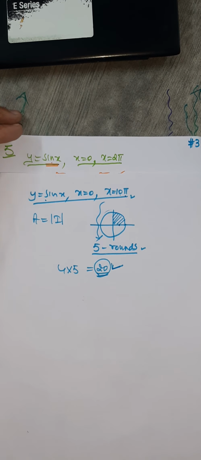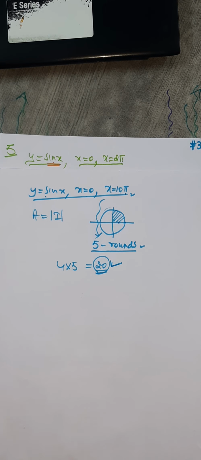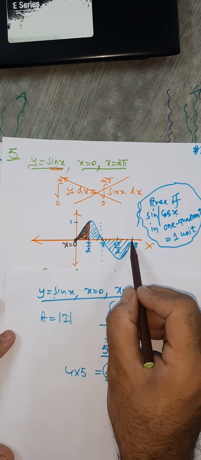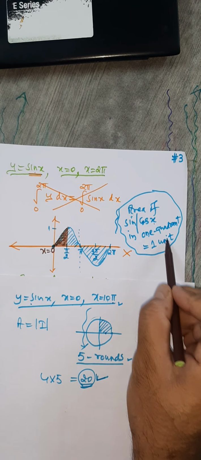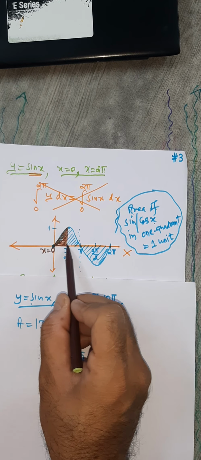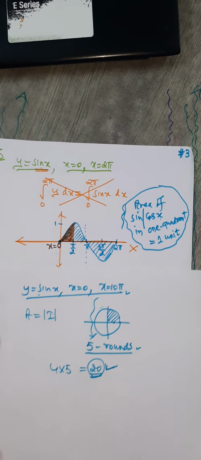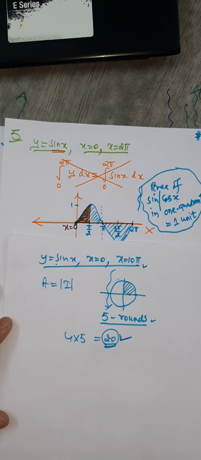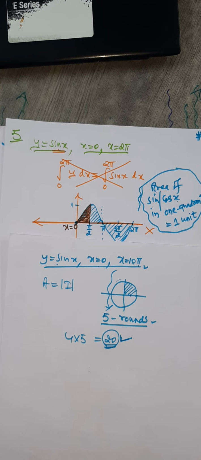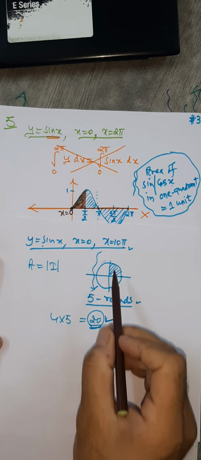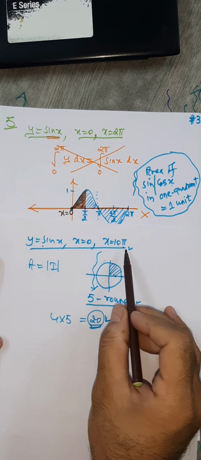That way you can think of. Understood what I'm trying to tell you? Is this clear to you? If you see its graph, I'm just showing you, it would be like this only. It goes on like this. But in 0 to 2 pi it is 4. Oh, sorry. So 0 to 10 pi means 5 rounds.